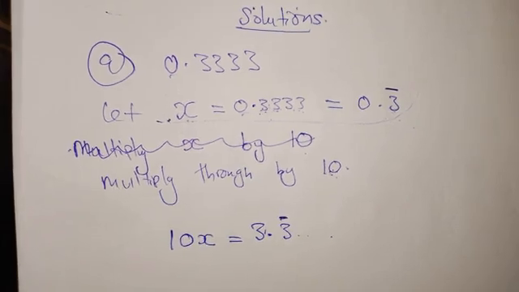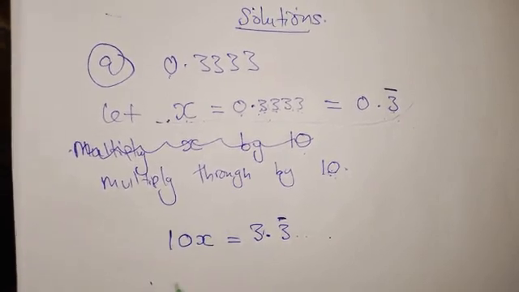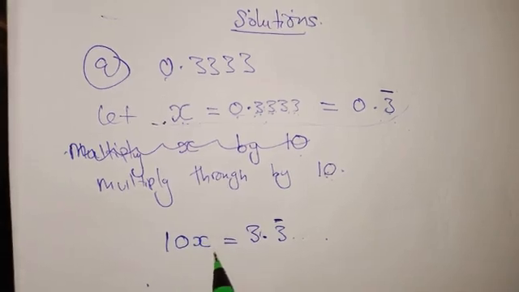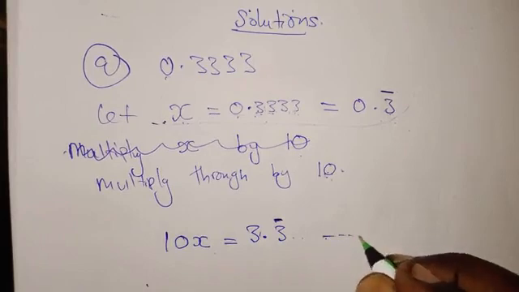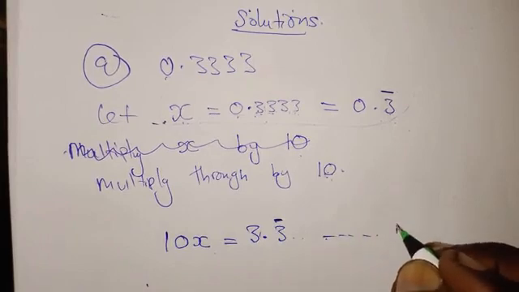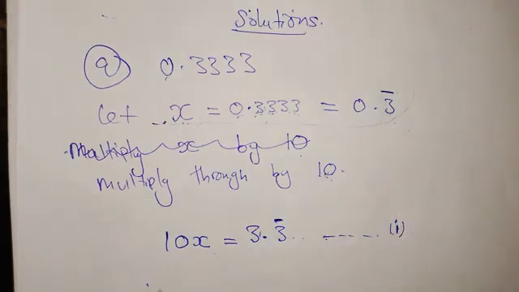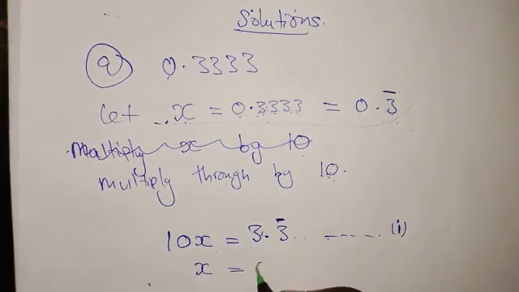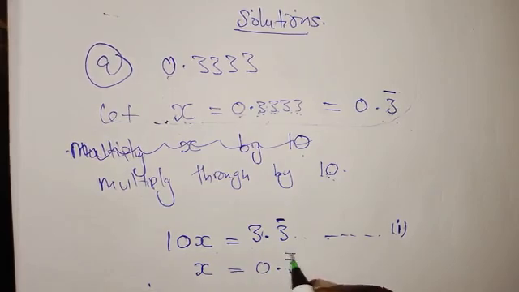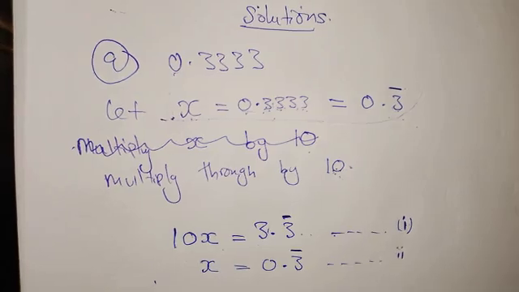I have 10x equal to 3.333 repeating. This can be my first expression. And remember, you also had another expression, x equal to 0.3 bar. This can be your second expression.